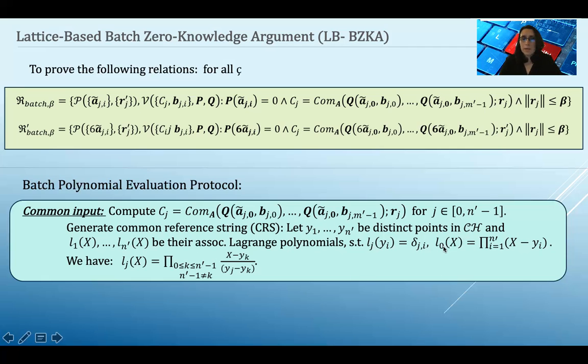And so L0 of x is computed as the product of x minus yj, and Lj of x is computed as follows. So these are the Lagrange polynomials.